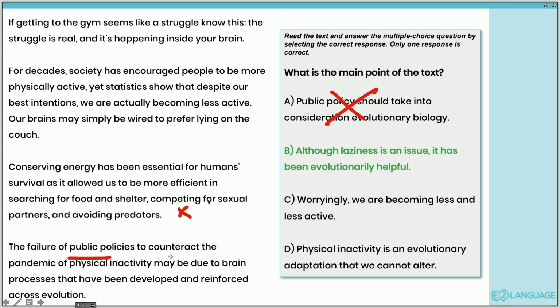It mentions something about public policy, but that is not the main point. C, worryingly, we are becoming less and less active. It says that, but that is not the main point of the text. D, physical inactivity is an evolutionary adaptation that we cannot alter. Well, it mentions these words, but it doesn't say that, and it's certainly not the main point of the text.